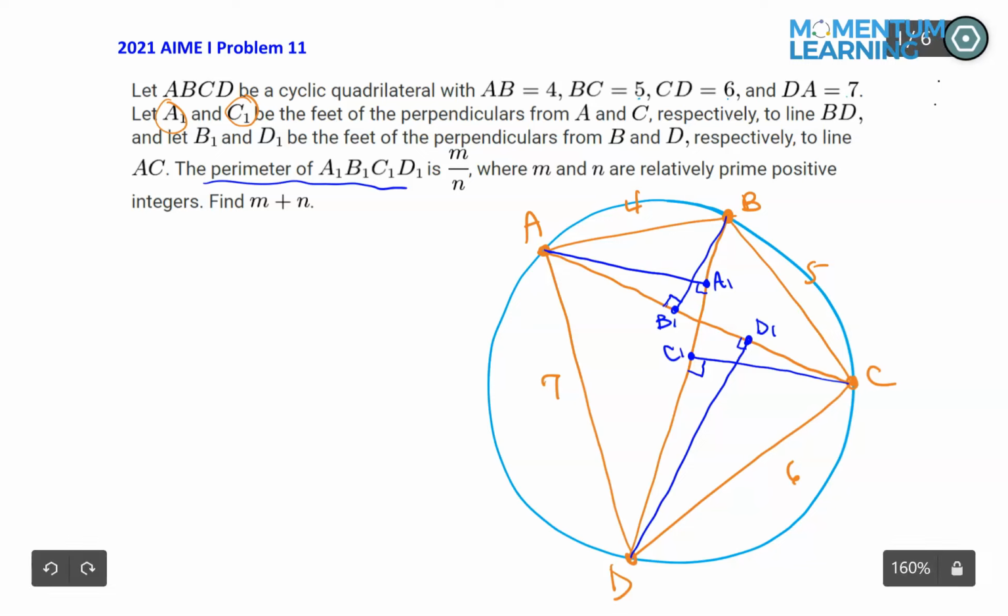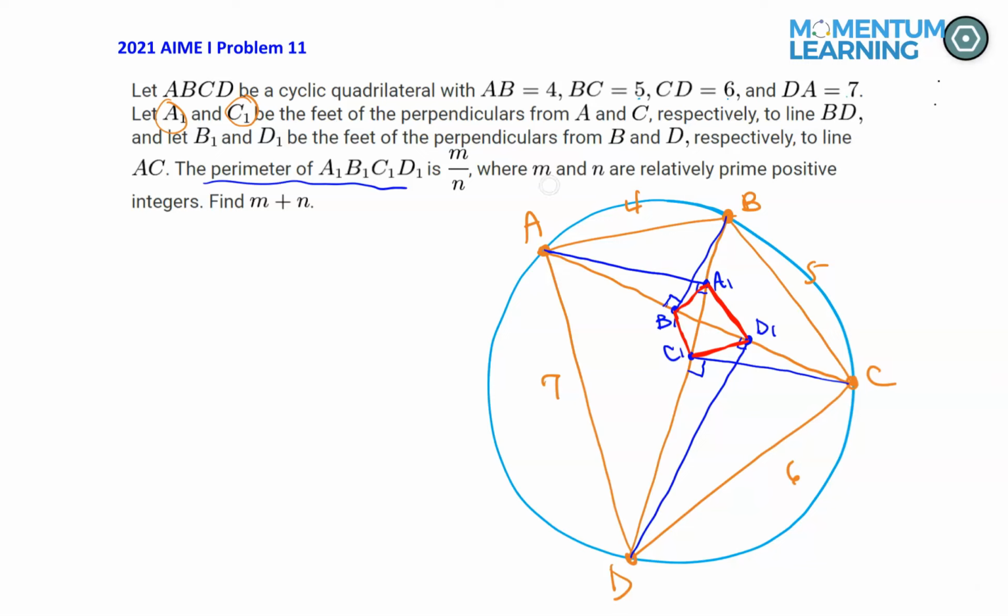Let's go ahead and draw that picture as well. Which color? Why not? Red. A1, B1, C1, D1, there we go. So that's the quadrilateral of interest, A1, B1, C1, D1, inside ABCD.